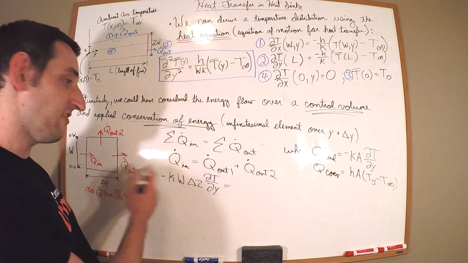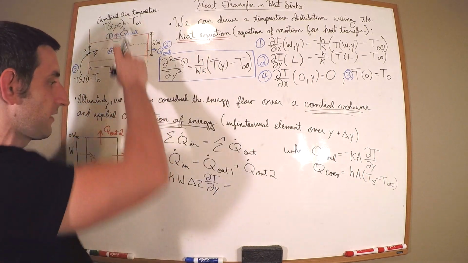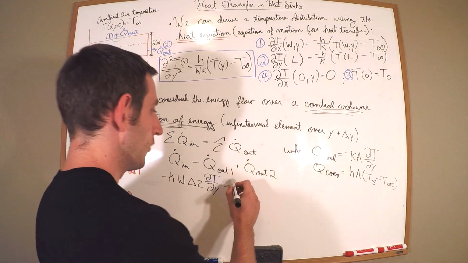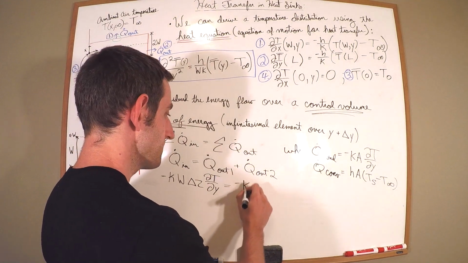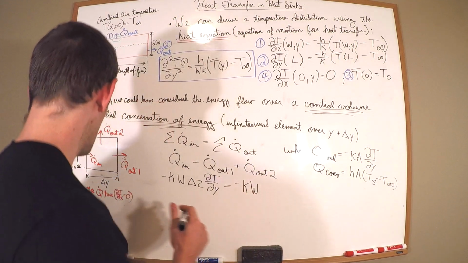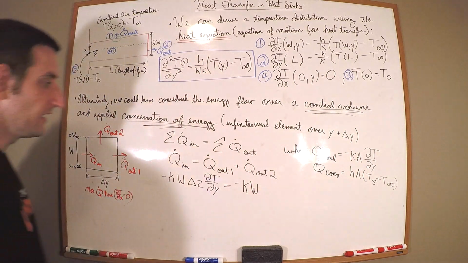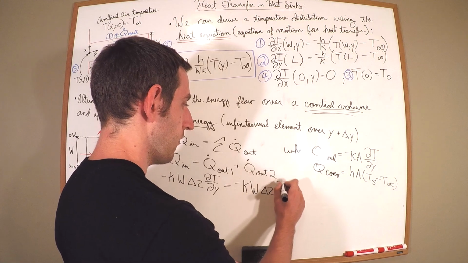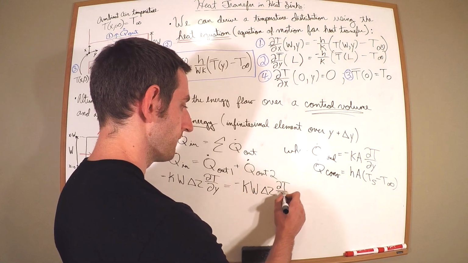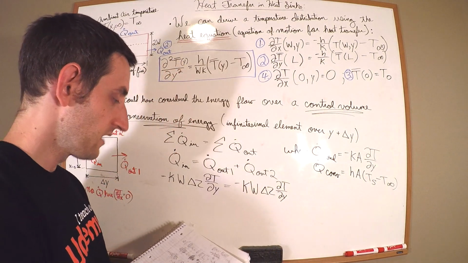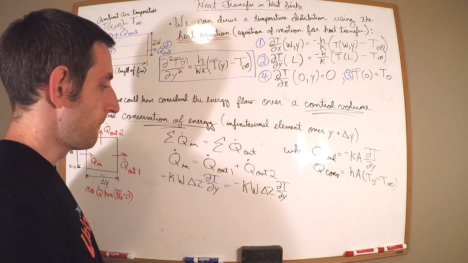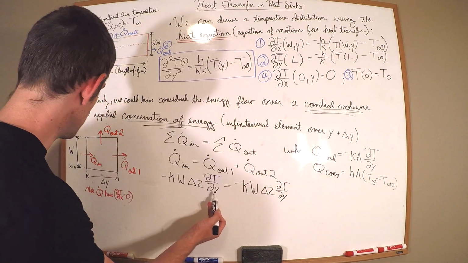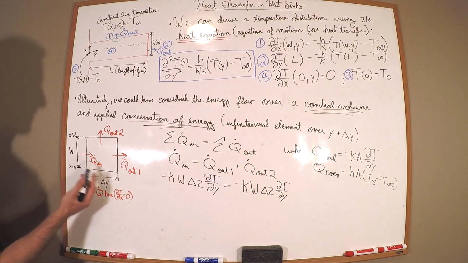Now Q out 1, that's also heat conduction because it's going through the metal. So we get the same thing. We get negative k. It's also the same area it's flowing through, W, delta z. And it's also in the y direction, dT dy. But let me back up. This gradient, dT dy, is at the left side for this guy.